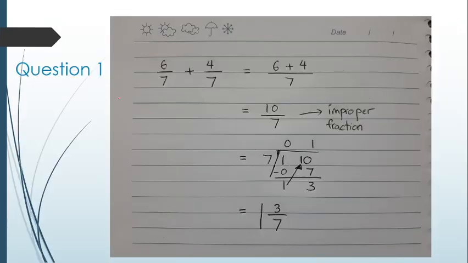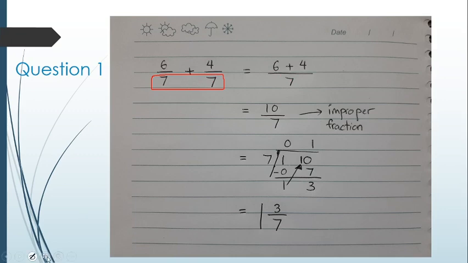So let's start with question 1. As I said previously, if the fraction has the same denominator like this one, the denominator is 7, same denominator, so you do not need to worry about this denominator. Just follow the denominator, do not change it.